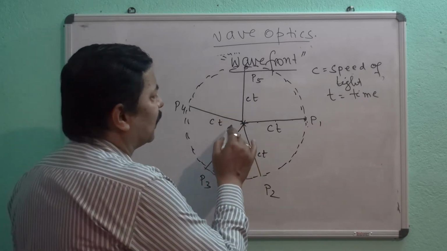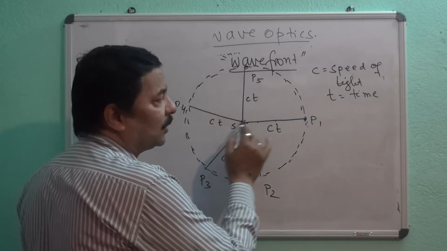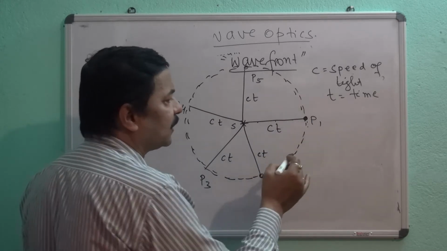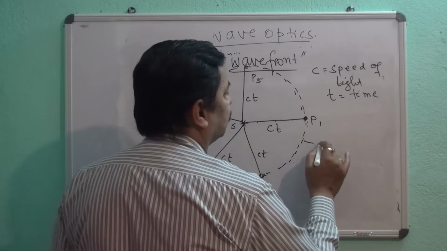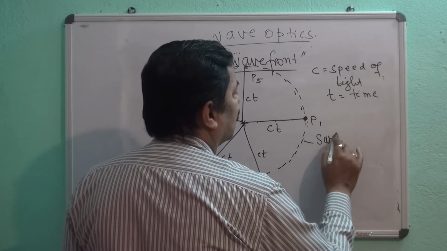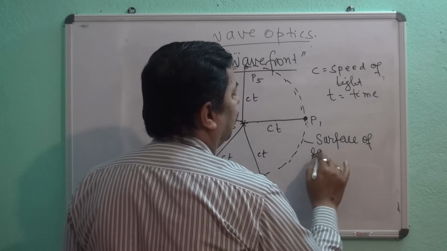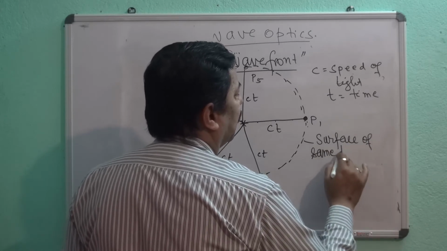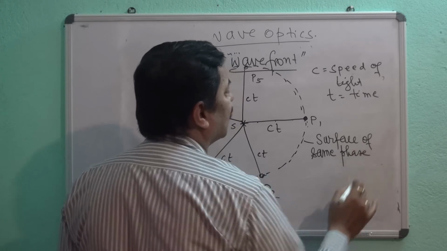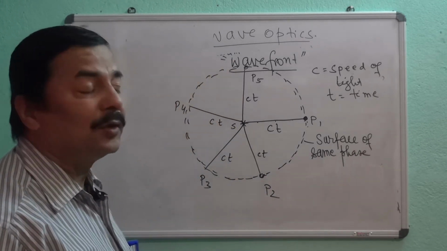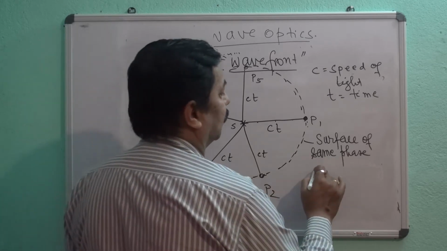Whatever is the source frequency, the same frequency will be here also, on this surface. This is a surface of the same phase, and this is being called your wavefront.